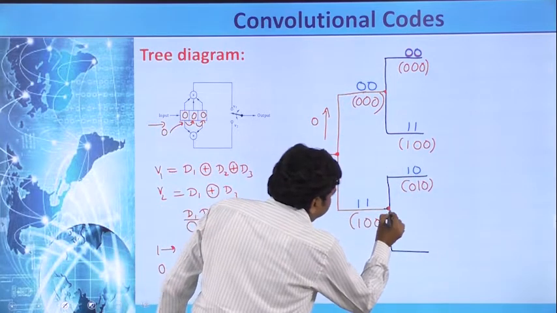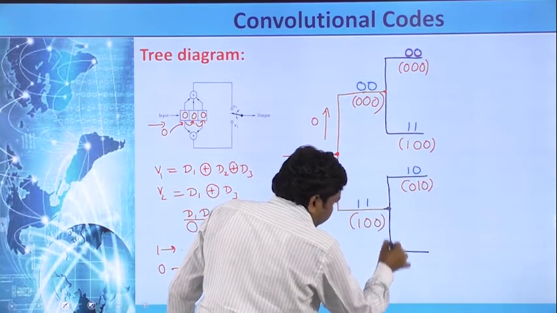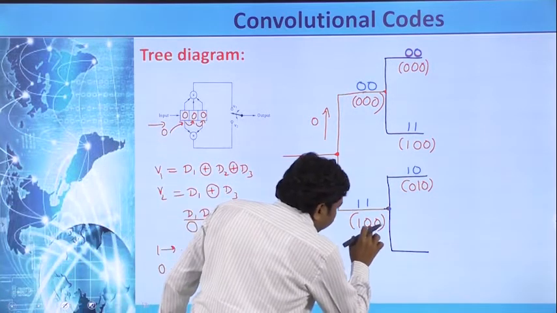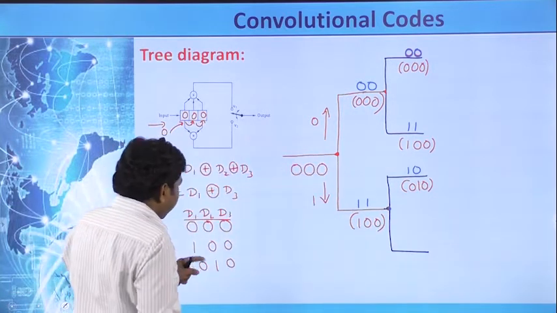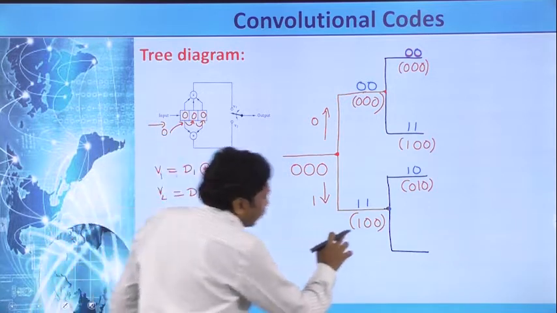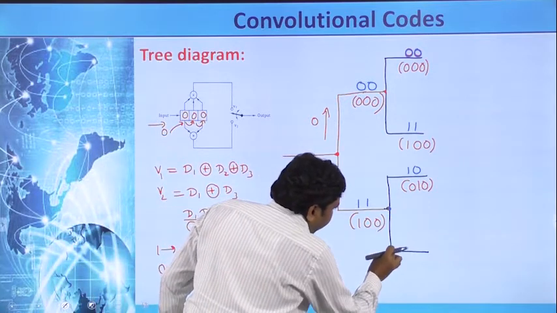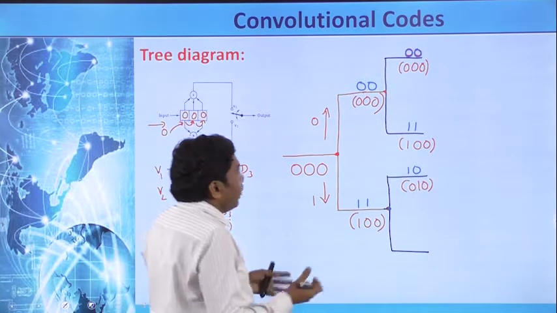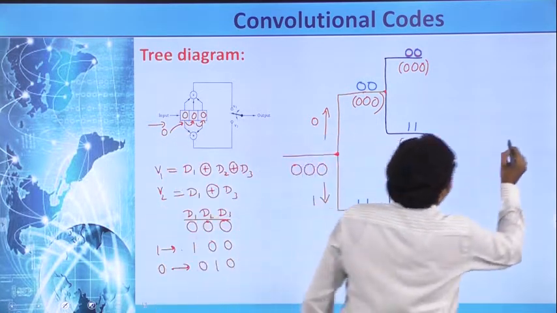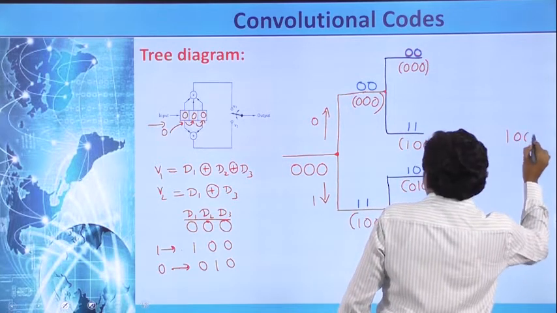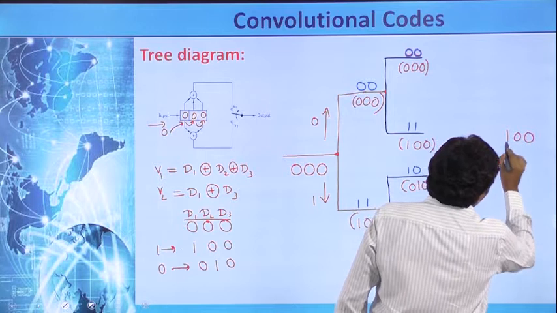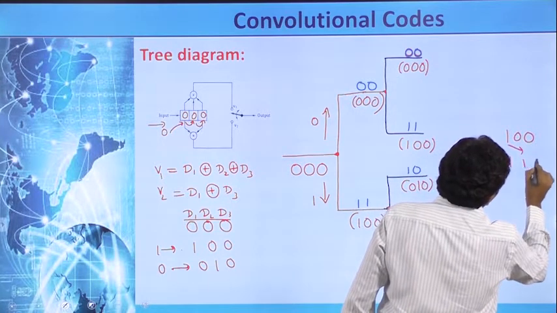Now move from this node in the downward direction. The bits in the shift register are 1 0 0. If you are moving downward, it means 1 is applied as input. If you apply 1 as the input, this 1 comes into here, the 0 comes into here.